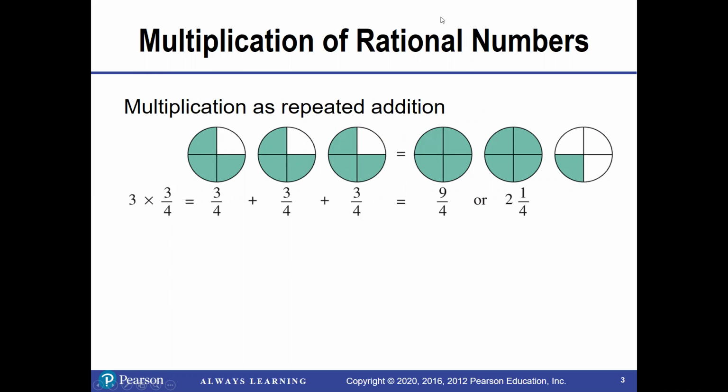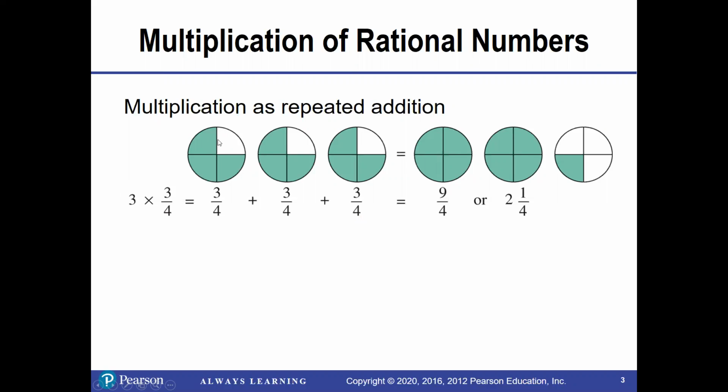Remember, our rational numbers have to be in a over b form. So if I want to multiply a whole number times a rational, here's 3 times 3/4, that would be 3 of them. That's the repeated addition method.